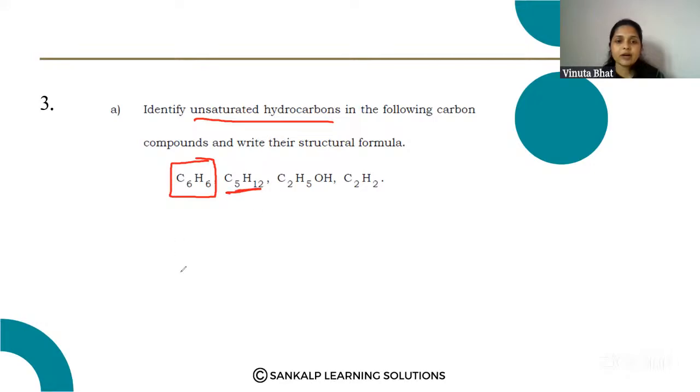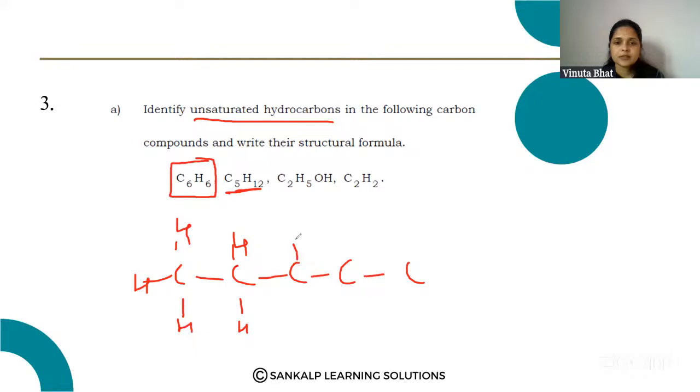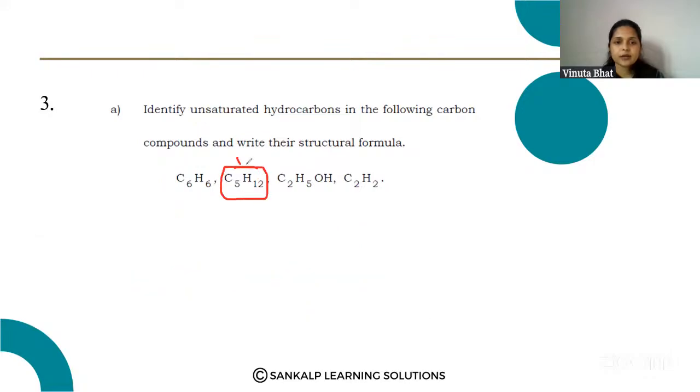Let's check C5H10: 5 carbons and 10 hydrogens. So this is not an unsaturated hydrocarbon.